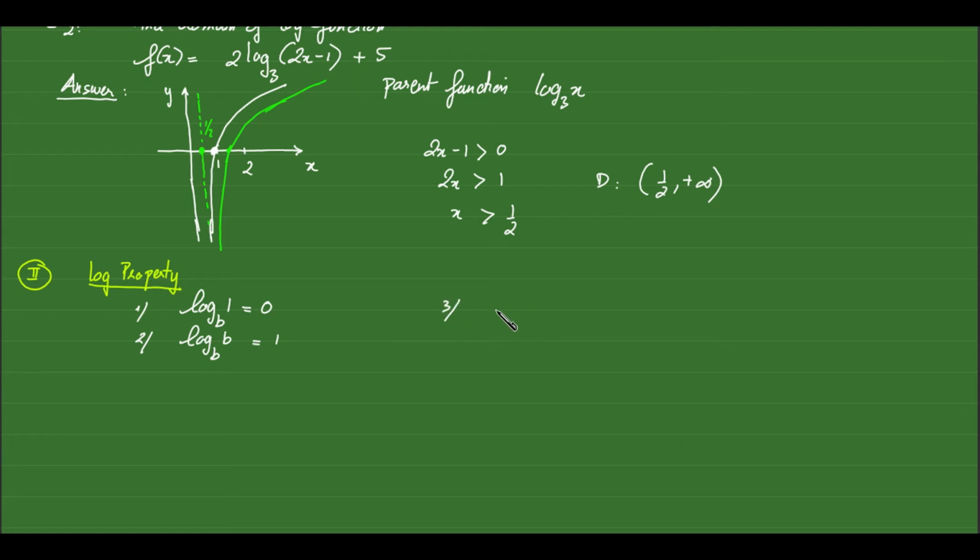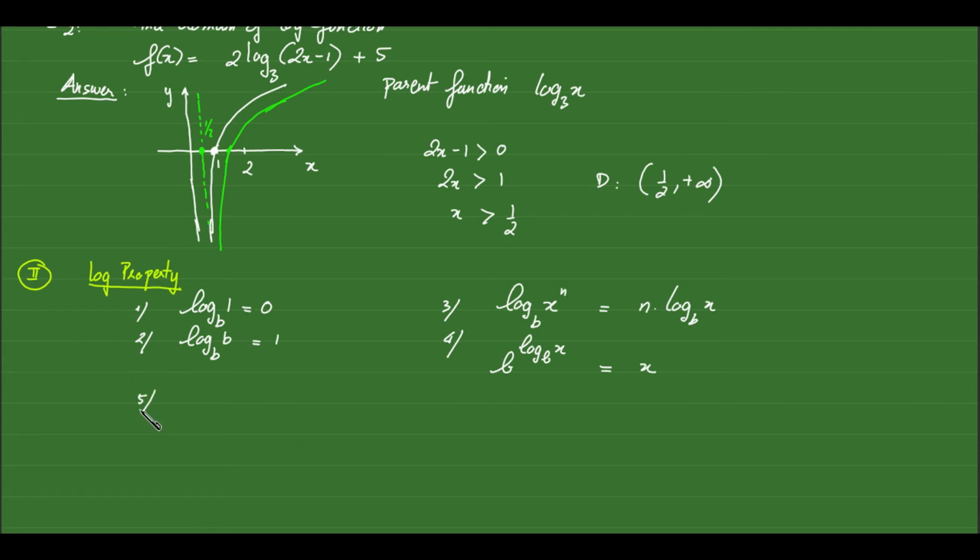Number 3, if you have log base b of x to the n, then this gives you n times log base b of x. Number 4, if you have b raised to log base b of x, then this gives you x.